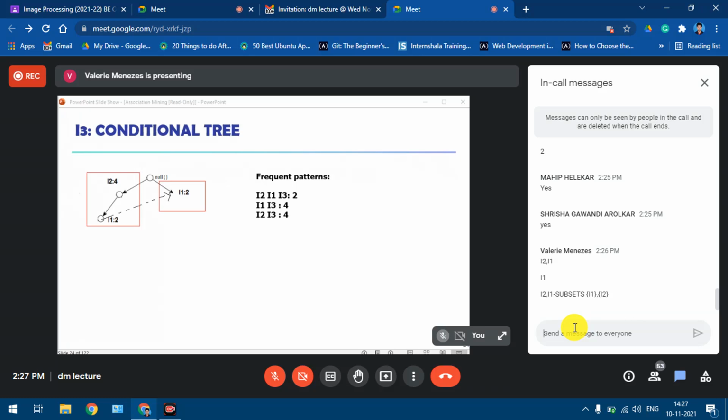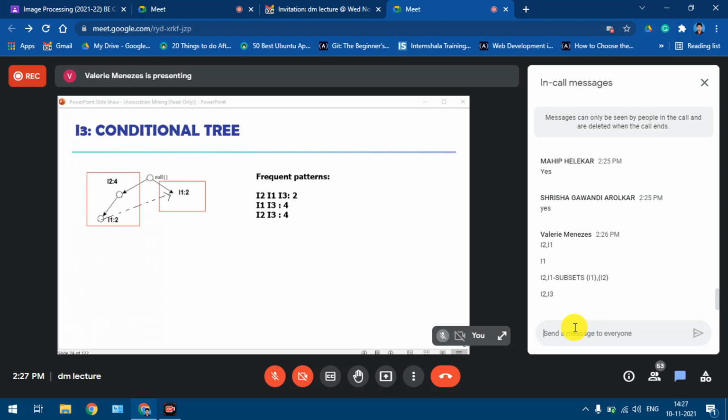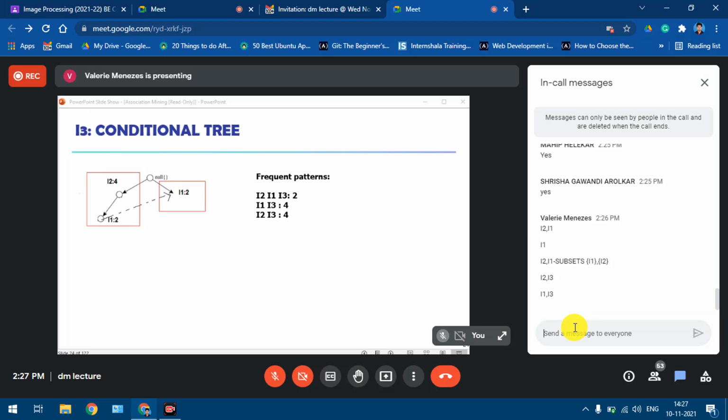We will append I2, I3, I1, I3, and I2, I1, I3. These are what we will get. We'll append to the subsets I3 and the branch I2, I1.